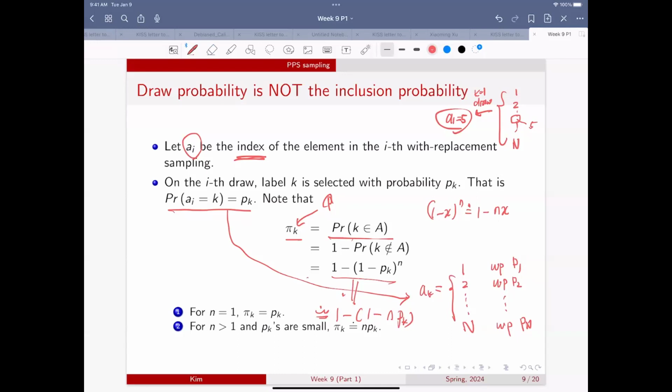So if I use this formula, this is essentially Taylor expansion, then we obtain this, right? So this is a kind of approximation. And so you get this. Not exactly equal, but approximate.